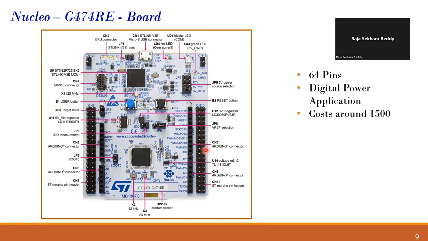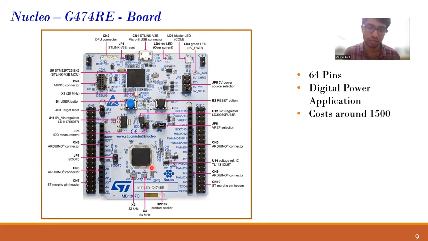Okay. So this is the microcontroller, and if you see, it is just a small chip. This Nucleo board is a basic board where we can test our levels of code.